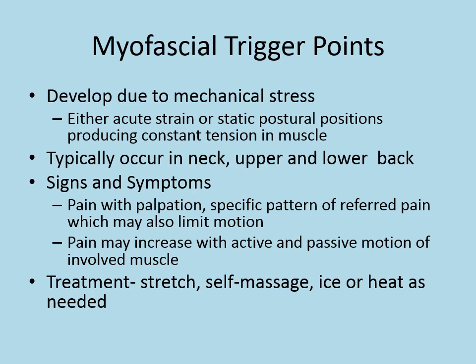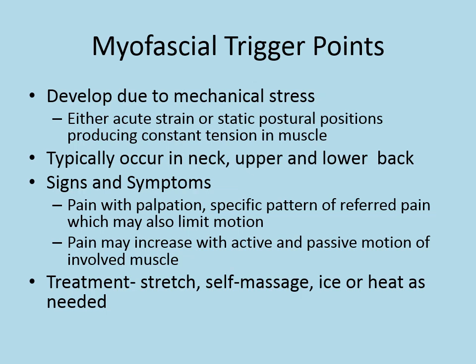Some signs and symptoms for this would be pain with palpation and a specific pattern of referred pain that could also limit motion. I've had them in my upper trap that actually run down past my shoulder about halfway down my arm, and if I push on it, I can recreate that pain. Sometimes if we get referred pain down the arm, it's actually from a neck injury. That could be common.